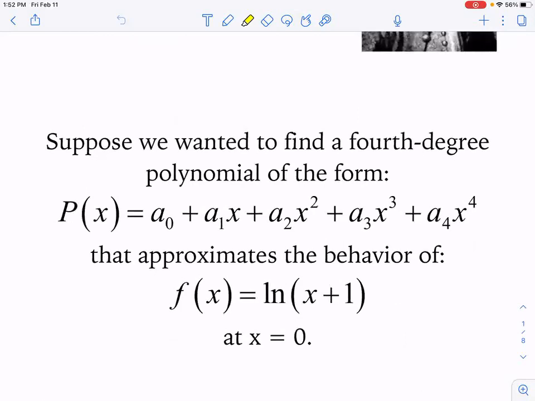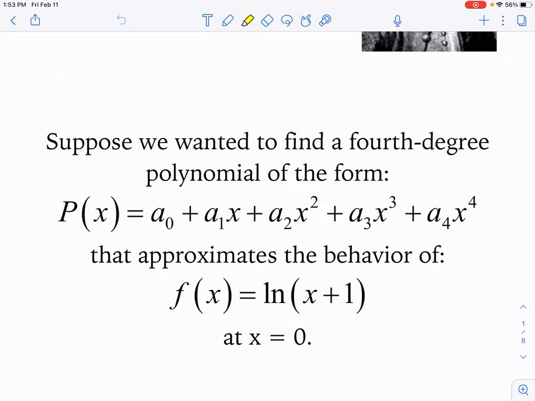Okay, so suppose we wanted to find a 4th degree polynomial that approximates the behavior of this natural log graph at 0. Why would we want to do this? What is nice about polynomials? The derivatives are very nice and they give us a lot of information.